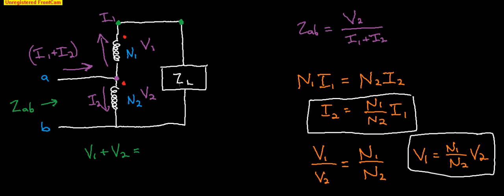And what's the voltage across this load? Well, that's just going to be Z of the load times the current running through it, and the current running through it should be I1. So this gives us Z of the load times I1. And this is the expression that we want.